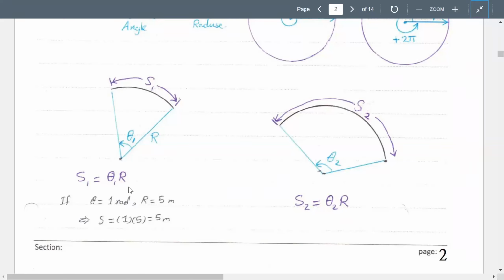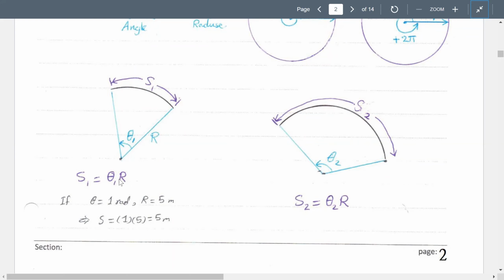So we just put in the place of 2 pi, which is the total angle, our angle multiplied by the radius. Okay? For example, if theta is equal to 1 radian, and the radius is equal to 5 meters. What about the length, this length? So the length will be the angle multiplied by the radius, which is 1 by 5, it is 5 meters. But if we need to measure the total circumference for this circle, it will be 2 pi multiplied by r.